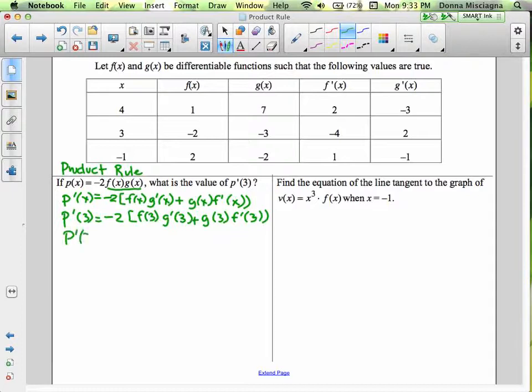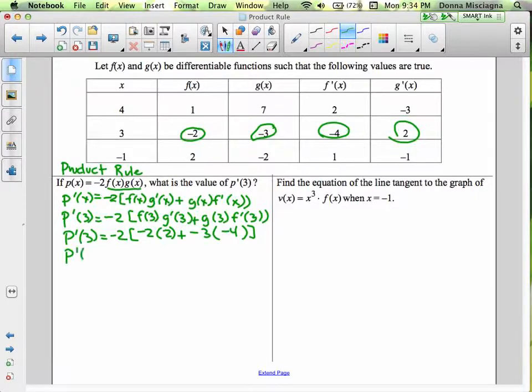So p prime of 3 is negative 2. G of 3 is negative 2. G prime of 3 is 2, plus g of 3 is negative 3, and f prime of 3 is negative 4. So notice we used everybody. And I have to remember to close my parentheses.